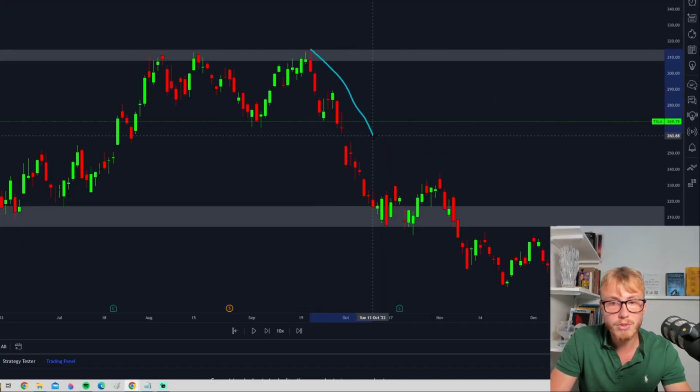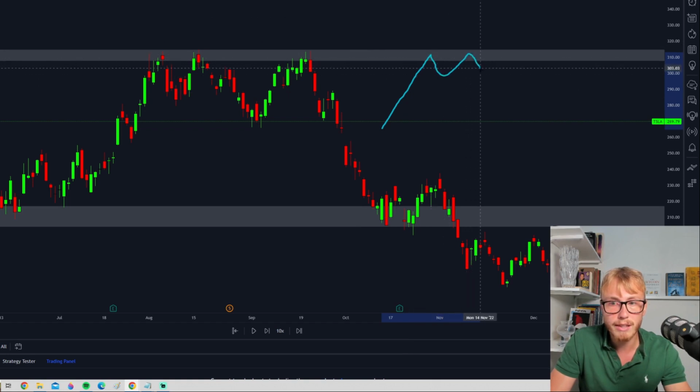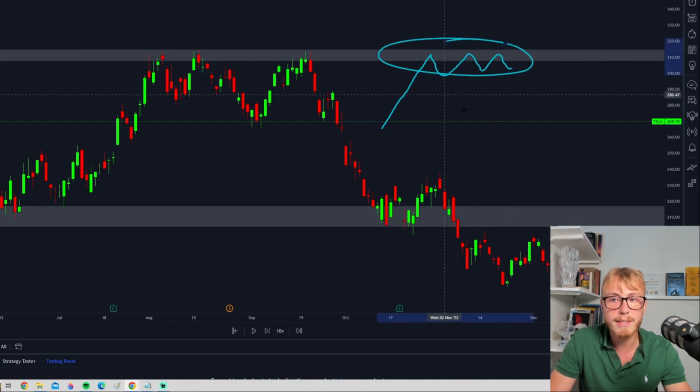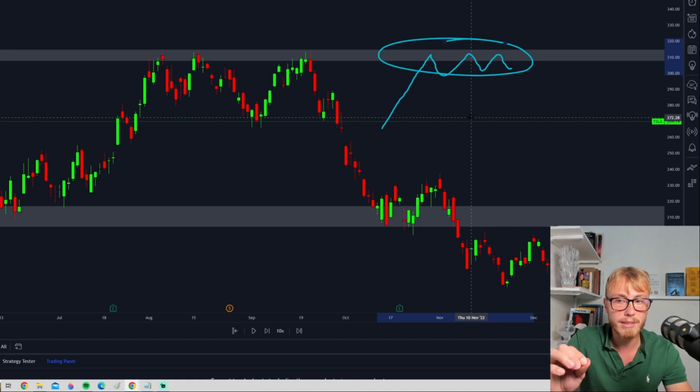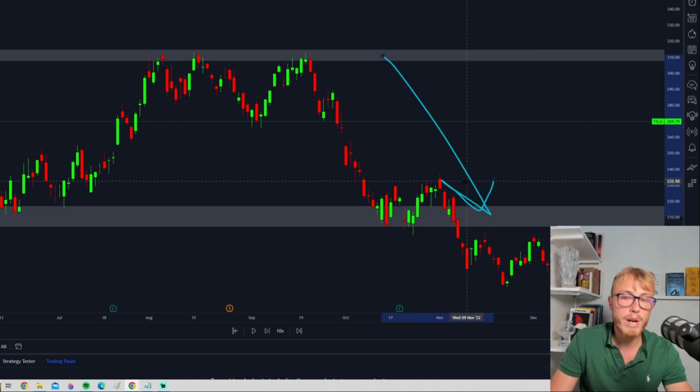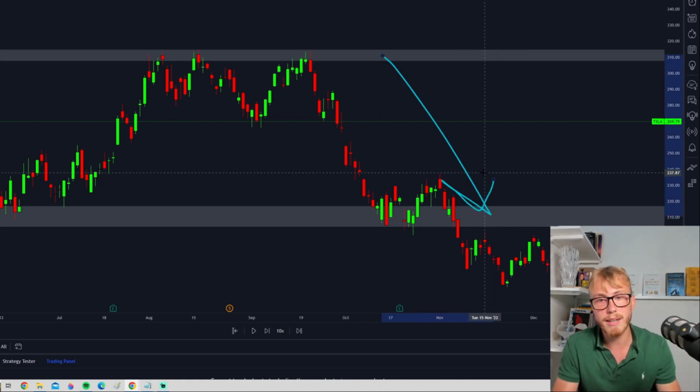The price dropped fast after we reached the resistance. If the price instead would have looked something like this, let's say the price went up here to the resistance and you saw a little pullback, went up again, you saw a little move, went up again, just another little move, this actually makes the resistance weaker. The stronger the move away from the support or resistance level, the stronger the support and resistance becomes.